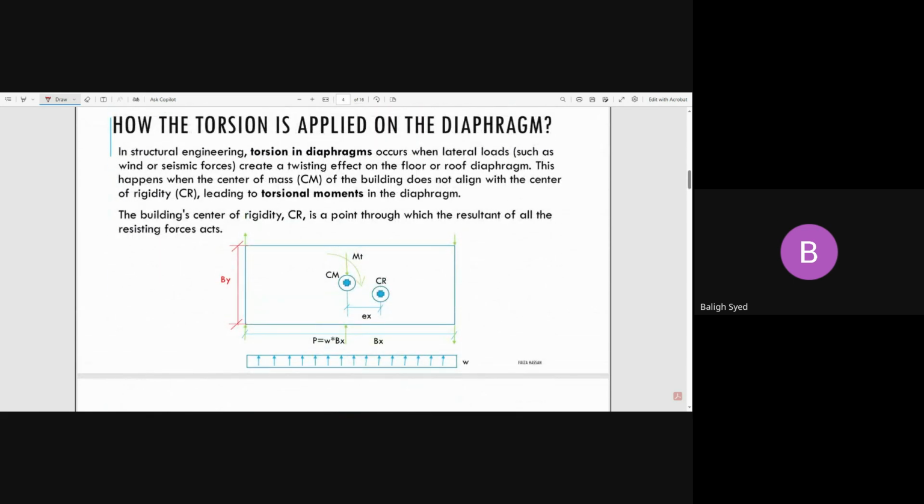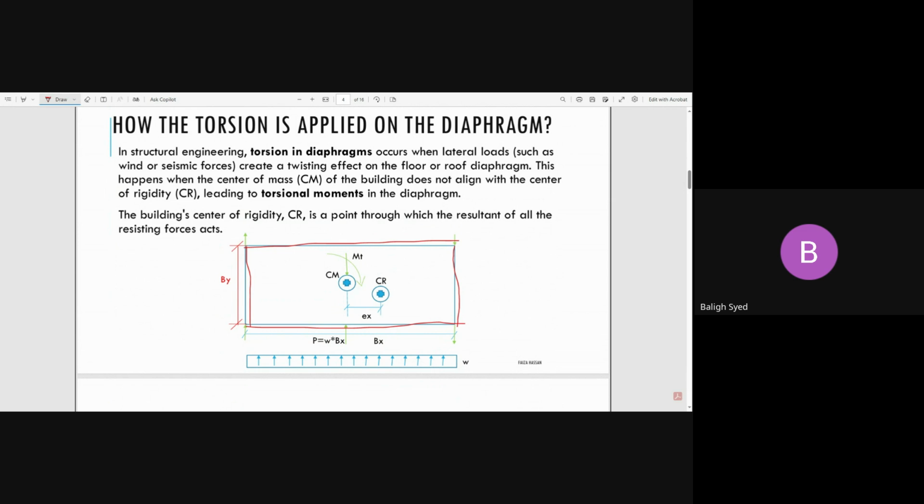So this is the torsion, and why does it come? The concept is, as we discussed before, you have a rigid diaphragm, right? Your diaphragm is fixed here, connected with the elements below, and connected here with the elements below, and here too. As soon as you apply the load, what happens? The structure already has one center of mass, but your center of rigidity is different. That is the inherent, default eccentricity in the system, right?